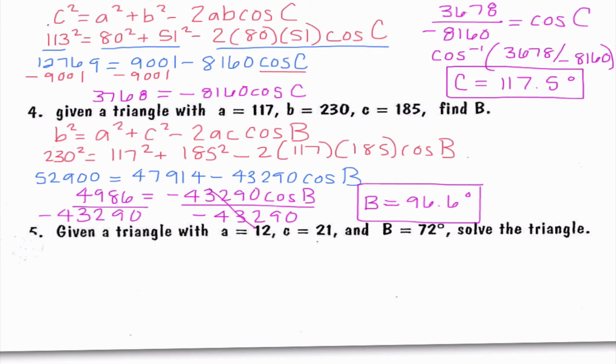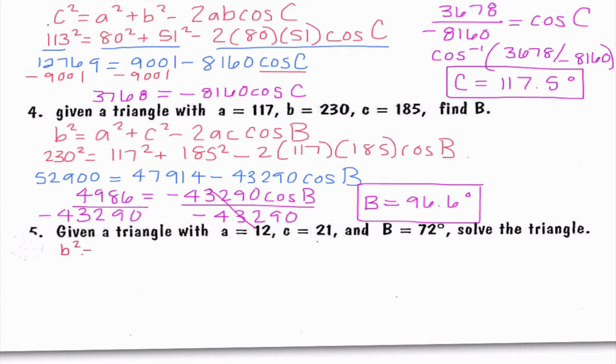So looking at number 5, they give us sides A and C and angle B, and it tells us to solve the triangle. So right now, we only have one angle, and we don't have the side opposite that. So our first step is going to have to be using law of cosines.